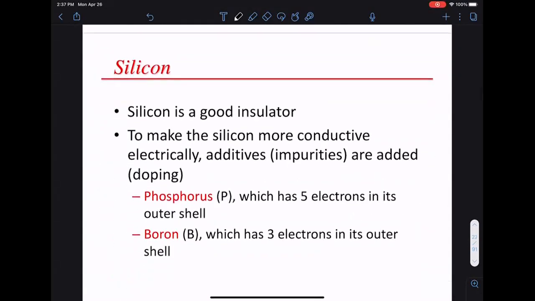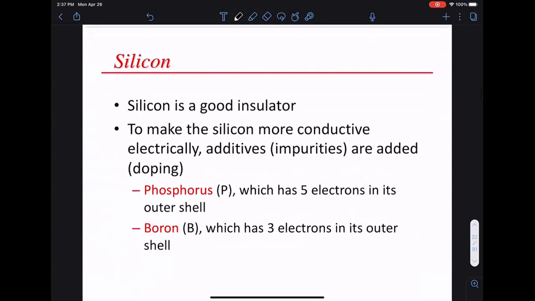Pure silicon is a pretty good insulator, right? The way we make semiconductors is we add impurities to it, and we can dope it with phosphorus or boron. This is already where you see the similarity with a diode.